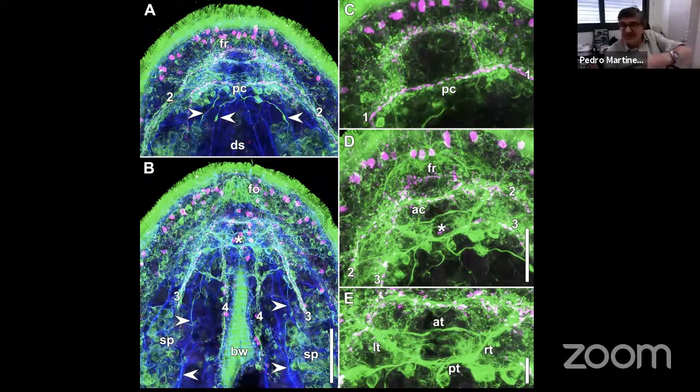We have done similar studies for a different acoel, but we found that this is not fully satisfactory, in the sense that, as you may know, everybody who's working on comparative anatomy of nervous systems, mainly in invertebrates, normally uses antibodies against specific neurotransmitters.